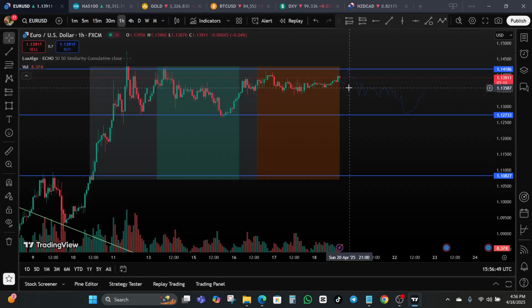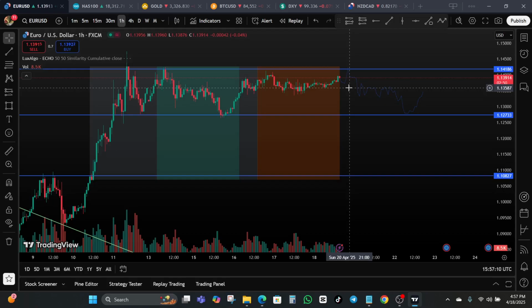Now this indicator is best used during trending markets, where patterns tend to repeat. So avoid using it in extremely low volume or choppy markets.